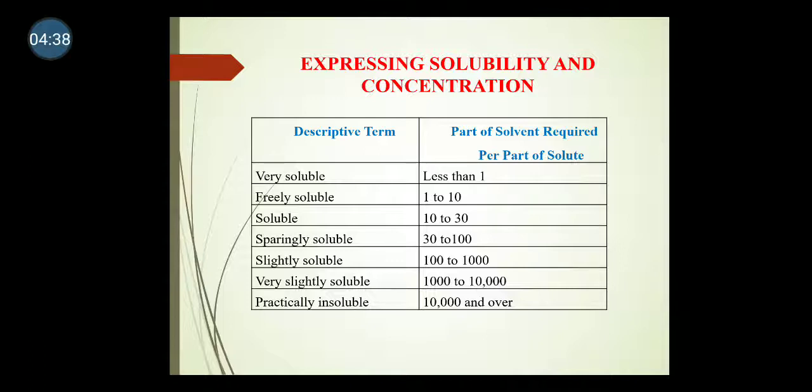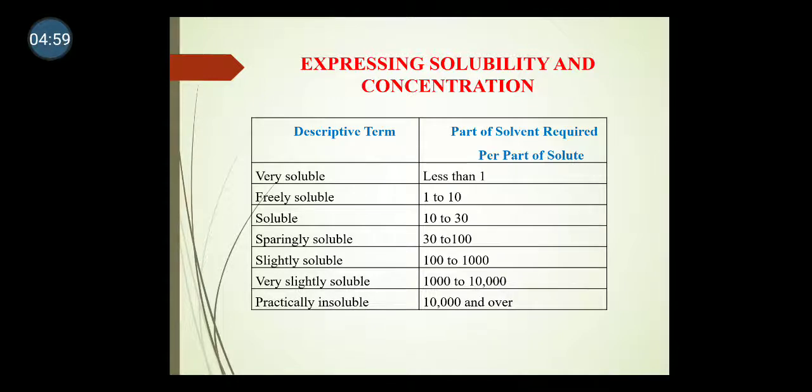The drug is sparingly soluble when one part of drug is soluble in 30 to 100 parts of solvent. The drug is slightly soluble when one part of drug is soluble in 100 to 1000 parts of solvent.